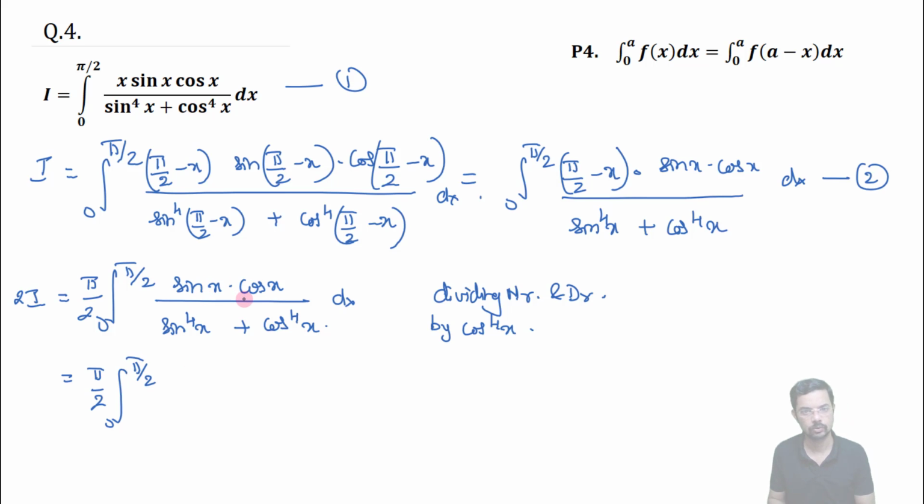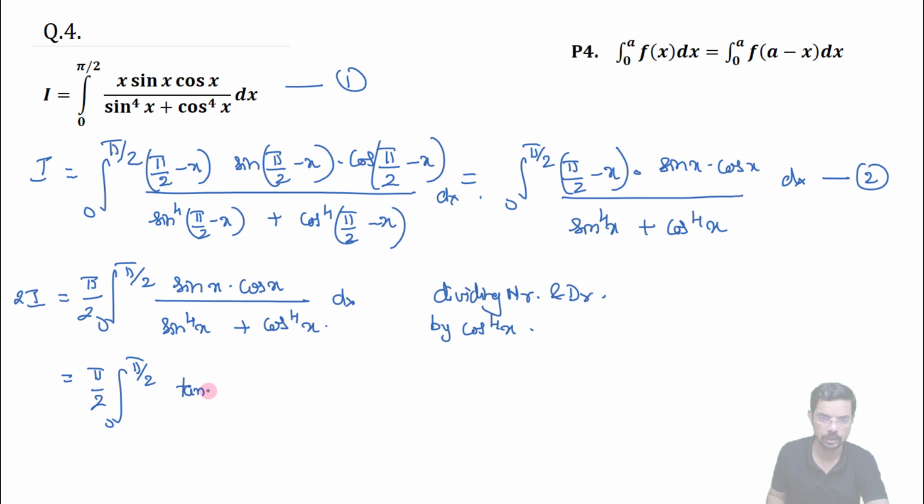See, sin x into cos x divided by cos raised to 4x will become, see, this is sin x into cos of x divided by cos raised to 4x. So one cos will get cancelled, sin x by cos x will be tan x into sec square x. So what we get here is tan x into sec square x.